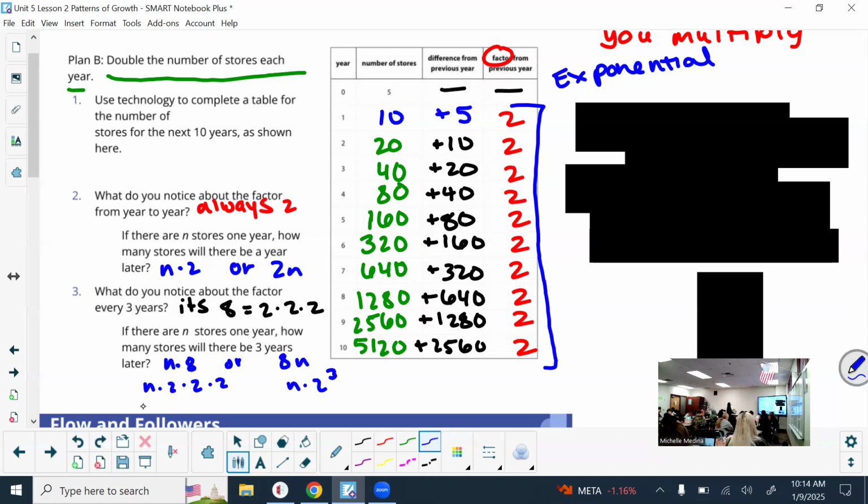But that will give me, without a doubt, okay, I'm looking at year 1 and I want to know 3 years later, if I did 10 times 8, that is 80, right? That's an expression that works no matter what n is. Questions on that? Making sense?